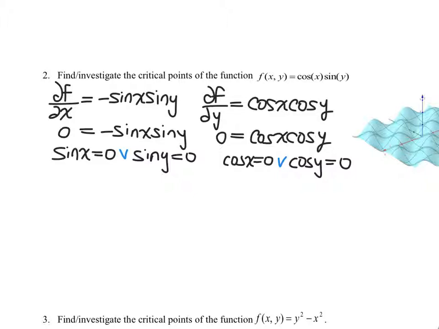That happens along the x-axis. So x has to be equal to 0, pi, 2 pi, and so on. Y has to be equal to 0, pi, 2 pi, and so on.